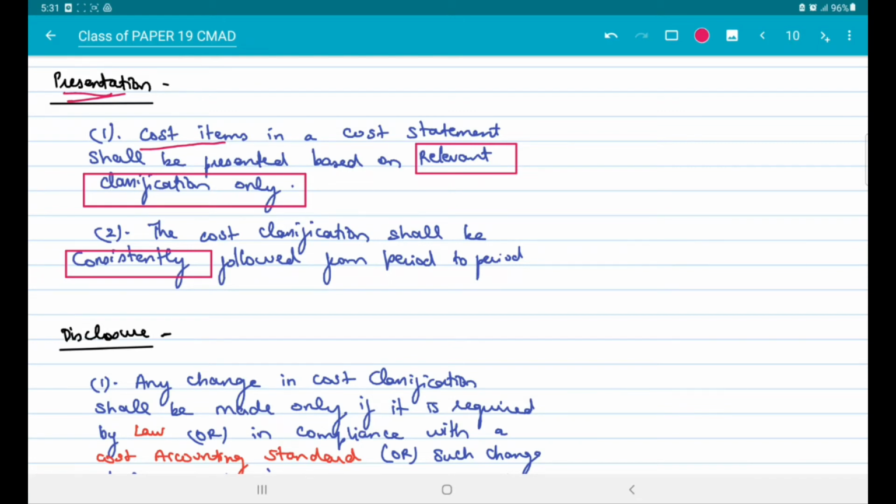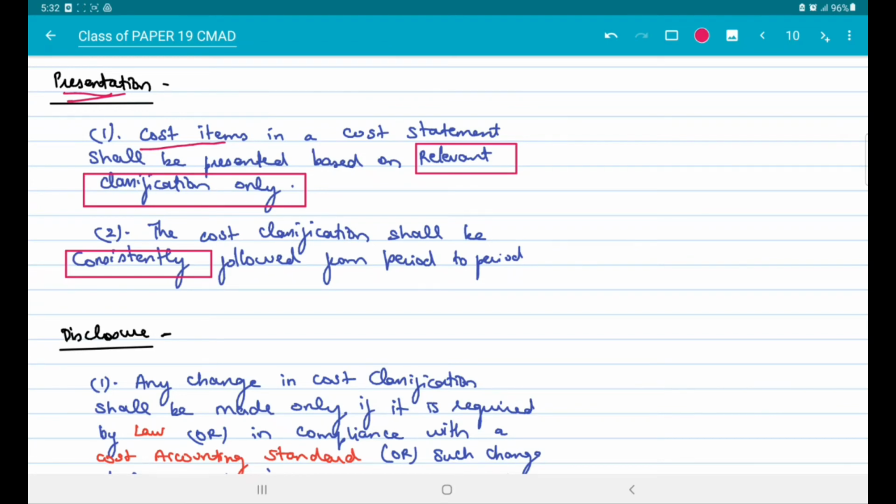So any cost item in a cost statement shall be presented based on relevant classification only. So basis of classification is very important when you classify the cost item. If it is a direct material cost, you should show it as direct material instead of indirect.